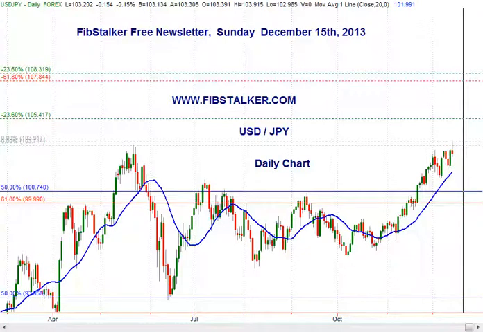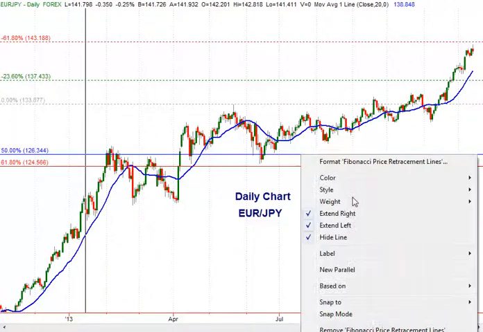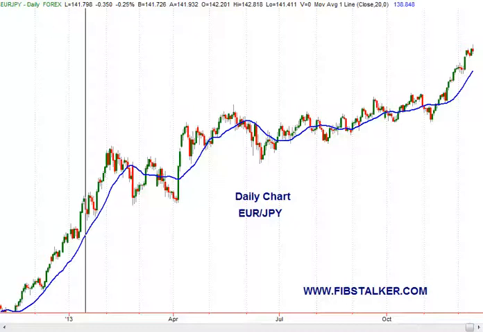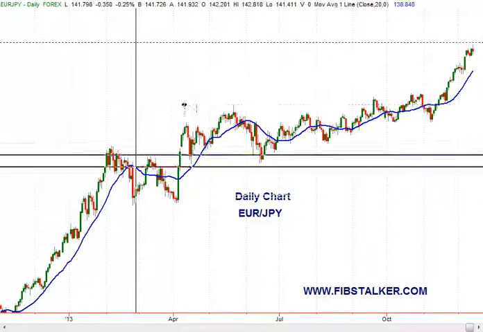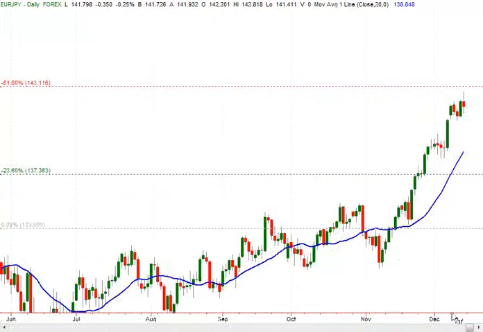Moving to the euro versus Japanese yen, I identified this move in May, and in June we saw participation of program trading very clearly, the first time here.